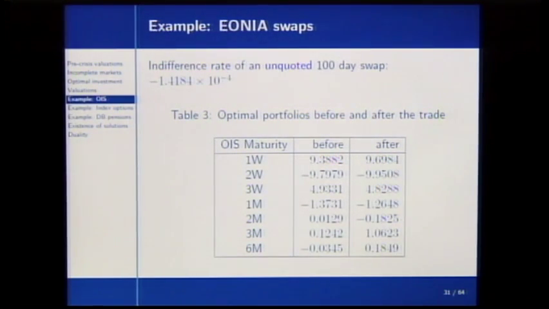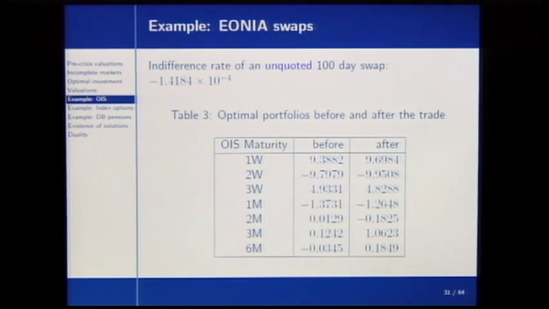And now if you try to price an OTC swap, something which is not quoted, the maturity here is 100 days, which is between the 3-month and the 6-month maturities. And now it's not so trivial anymore. Now the optimization really pays off. And you see that the swap rate that you get, the indifference rate, is in the same region as in the quoted swaps. You don't see the swap rates, but it's negative like it should be.